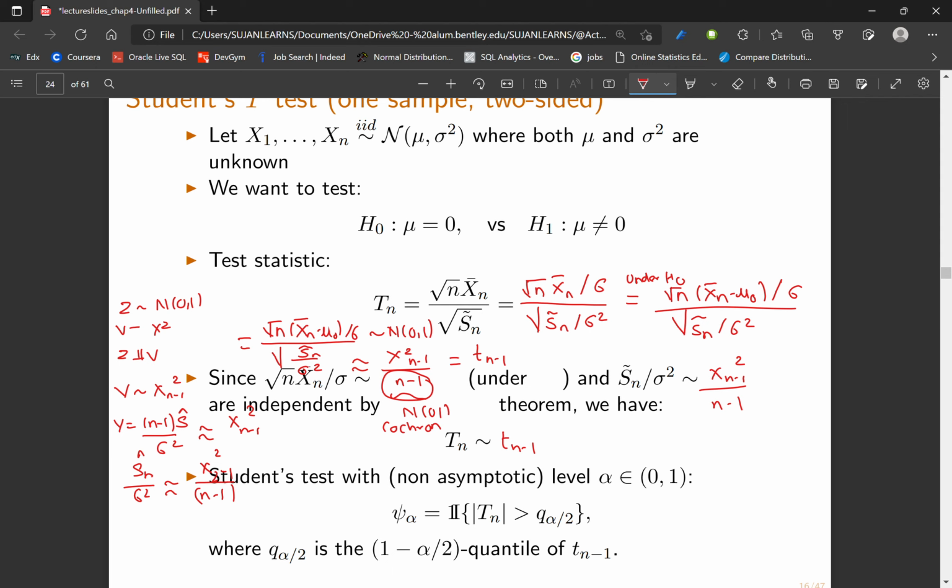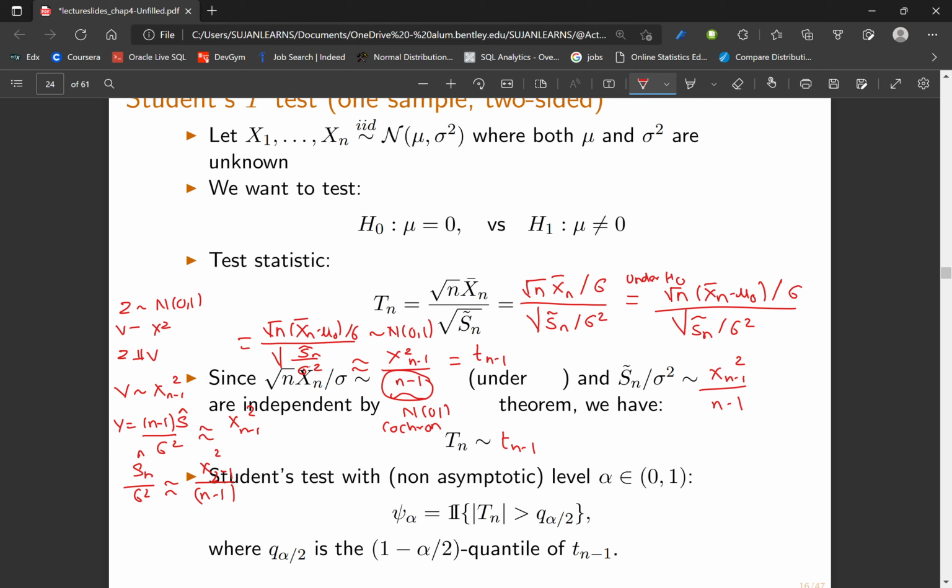Then we derived from that the upper side is a standard normal while the lower side is a chi-square distribution n minus 1, and therefore this was a student's t distribution. And from this we derived that T n has a T n minus 1 student distribution.